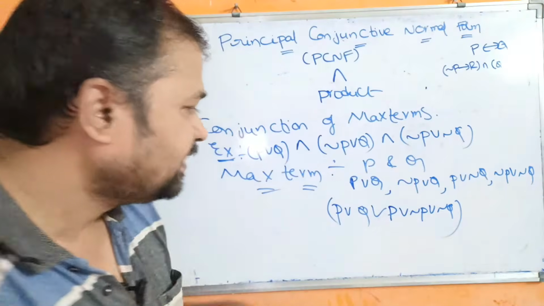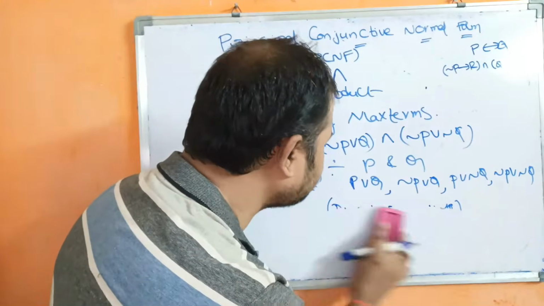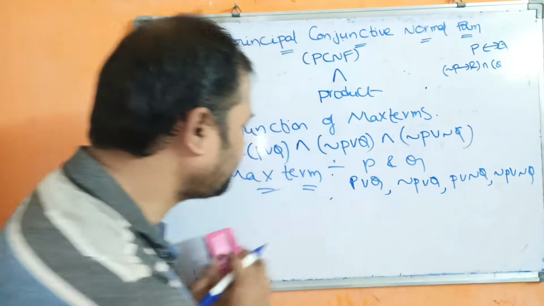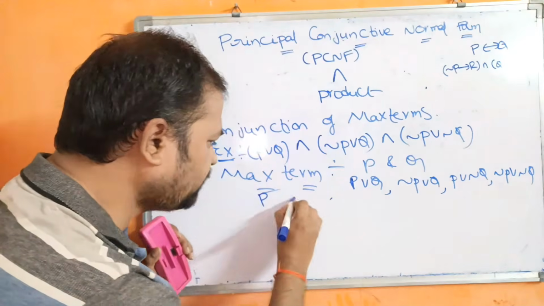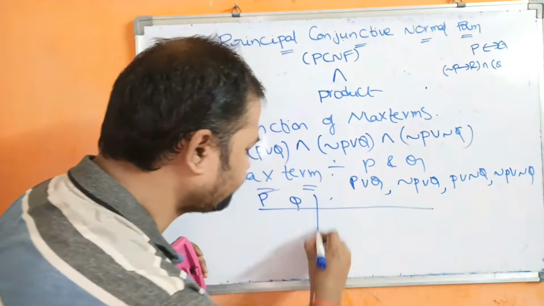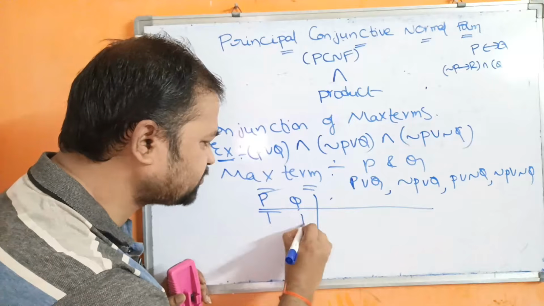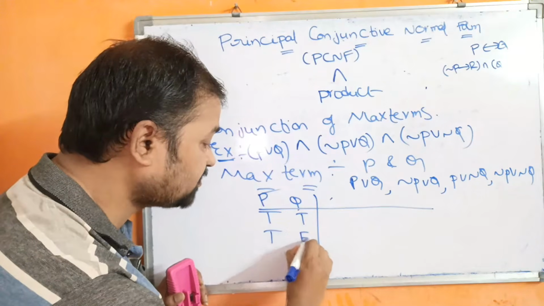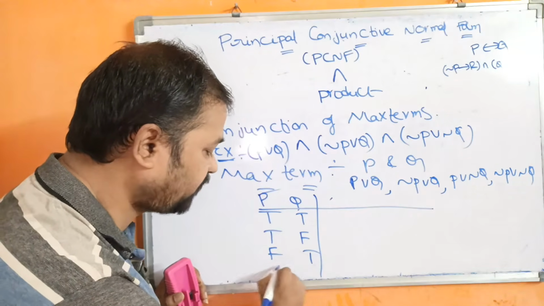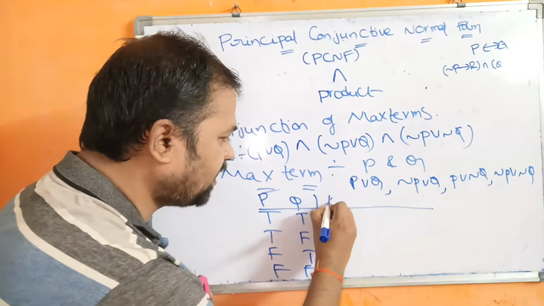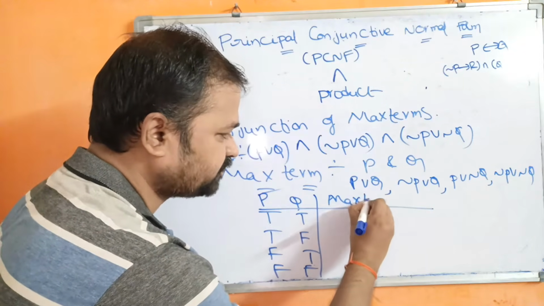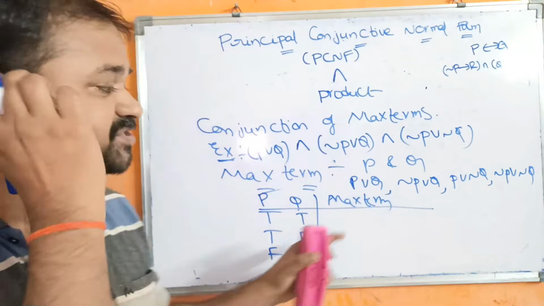Let us see how we can find the max terms. Let me have two propositions, P and Q. What are the possible combinations? True true, true false, false true, false false. Let us see the max term for these combinations. Max term means which operation? OR operation.